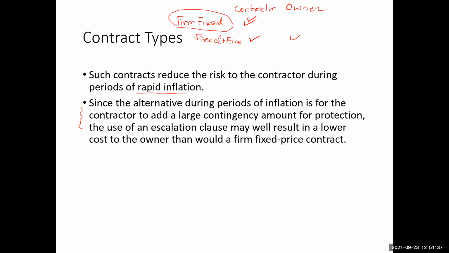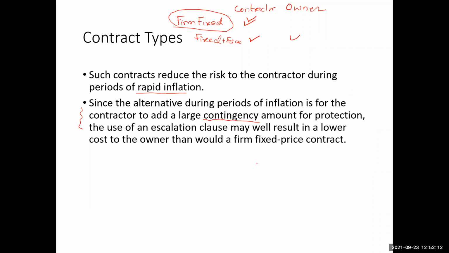However, there may be a large chance that the prices may increase. So the contractor may foresee that the prices will increase in the future. If the contractor is forced to bid for a firm fixed price contract, the contractor will include a lot of amount for the contingency. That means a lot of extra amount.